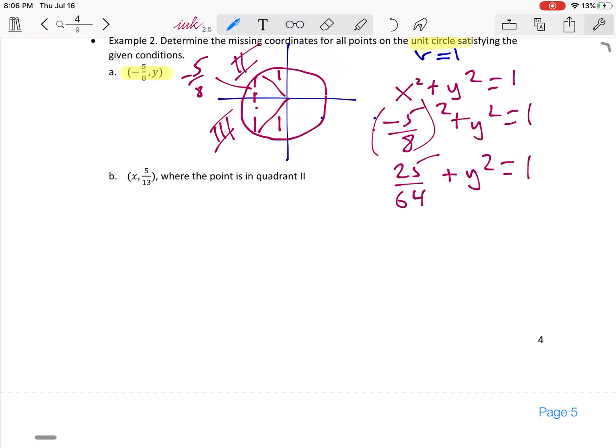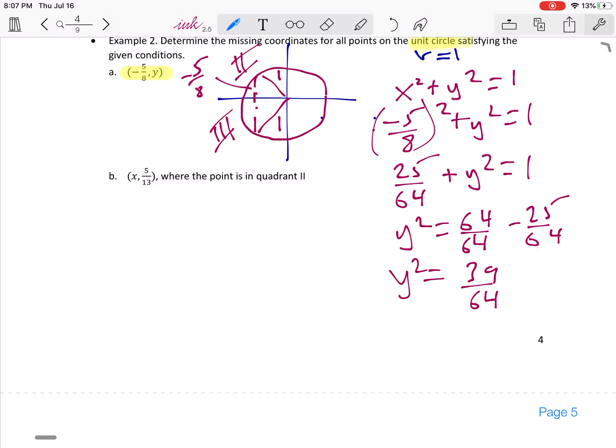And so y squared is going to be 1, which is just 64 over 64, right? We have to have a common denominator. Minus 25 over 64. So that's going to be 39 over 64.